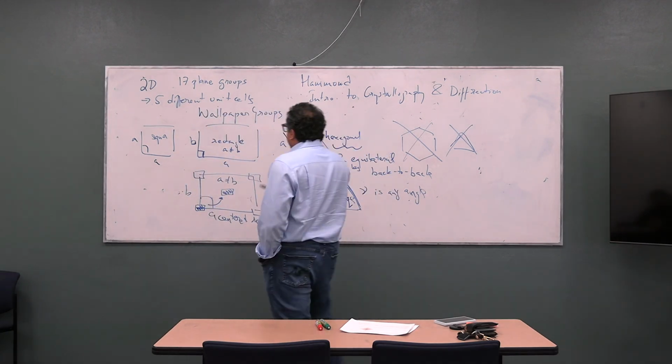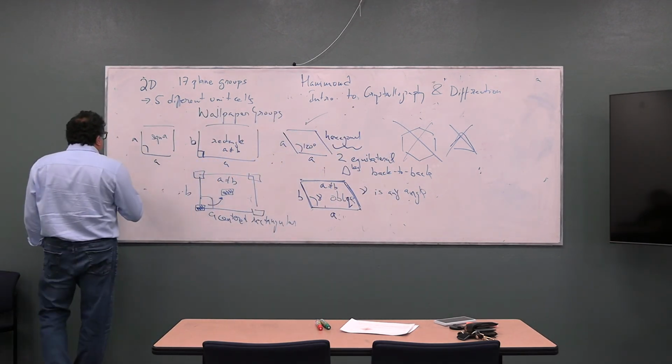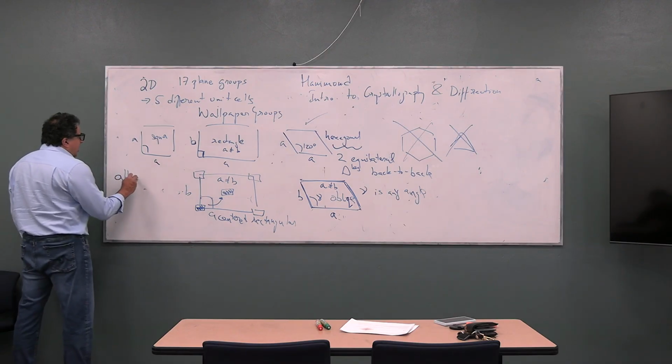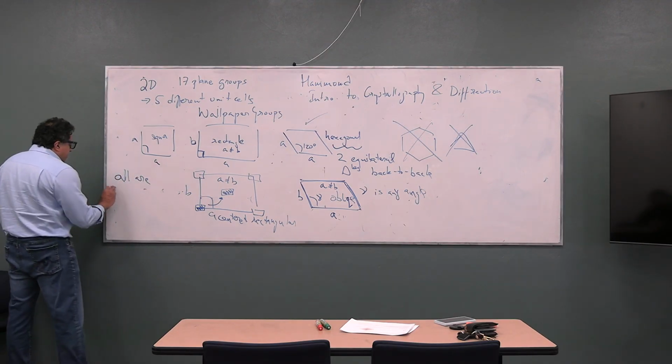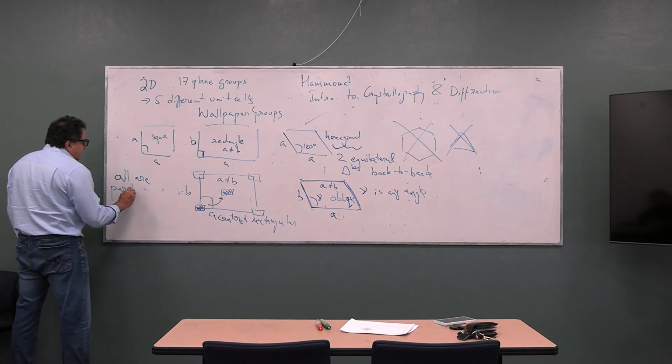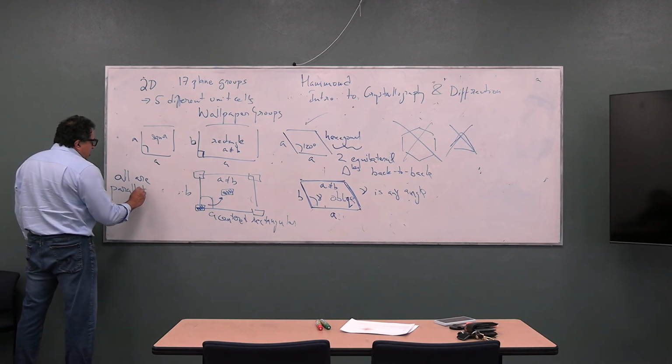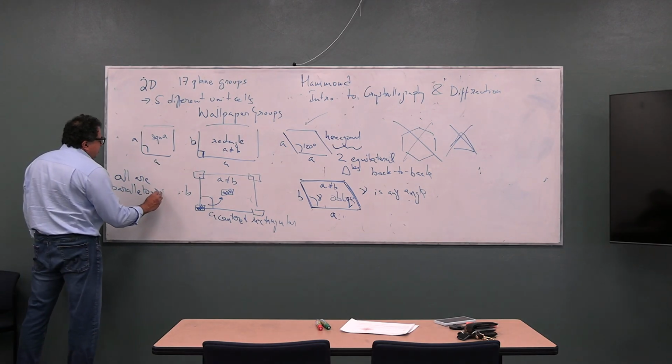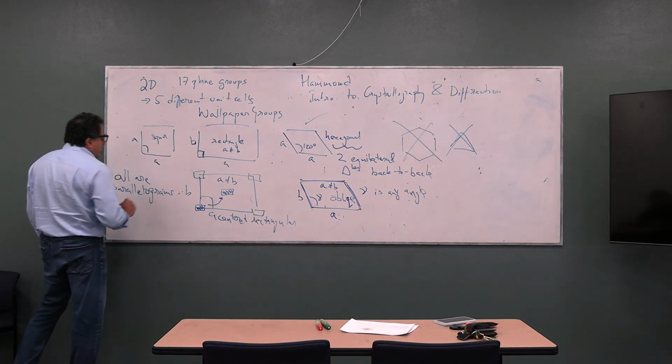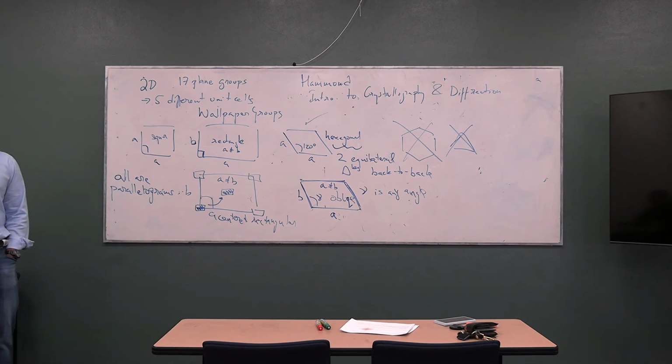So all these unit cells are parallelograms. Why do they all have to be parallelograms?